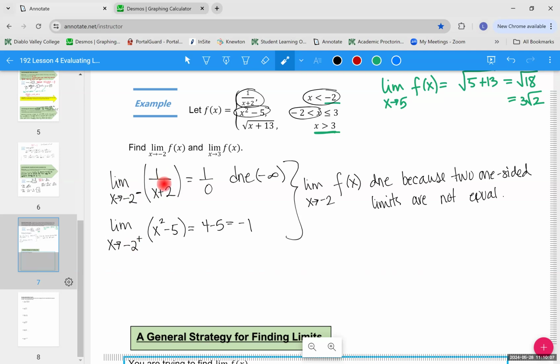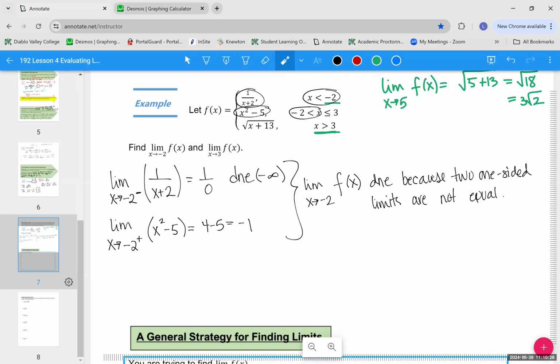You're including the function that goes with each one-sided limit. You're drawing a conclusion for what each of those one-sided limits equals, and then using that together to determine whether or not the two-sided limit exists with a specific reason why that's the case.